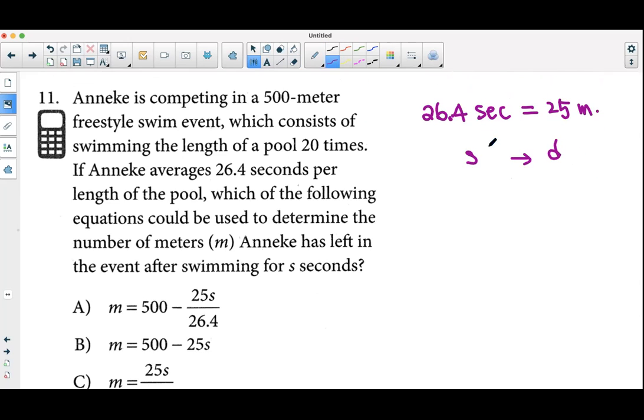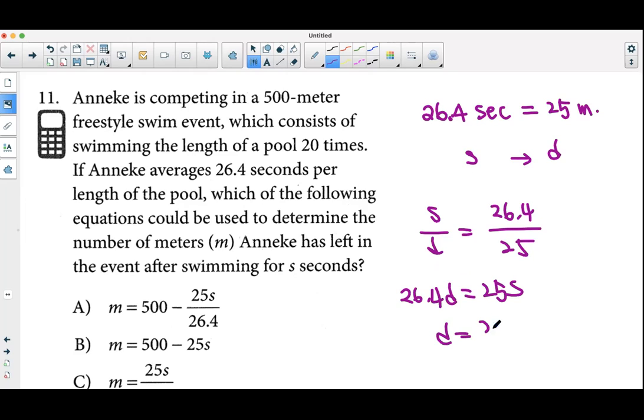Then the ratio is 26.4 seconds to 25 meters equal to s to d. So s over d is equal to 26.4 over 25, which means 26.4d is equal to 25s. And then d is equal to 25s over 26.4. That's the distance this person travels by s number of seconds.